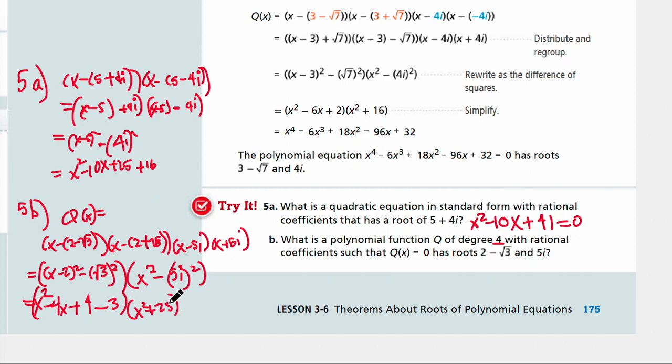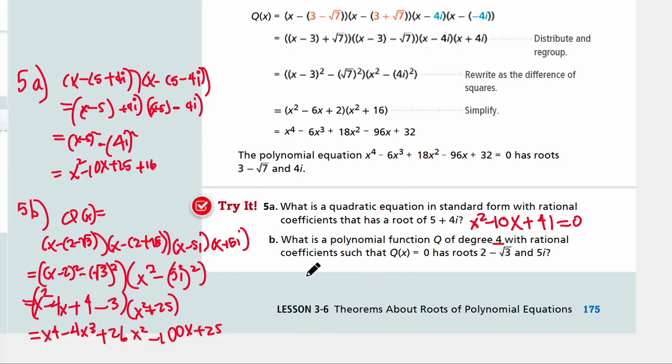And then you multiply them again, and then you have x to the 4th power minus 4x cubed plus 26x squared minus 100x plus 25.